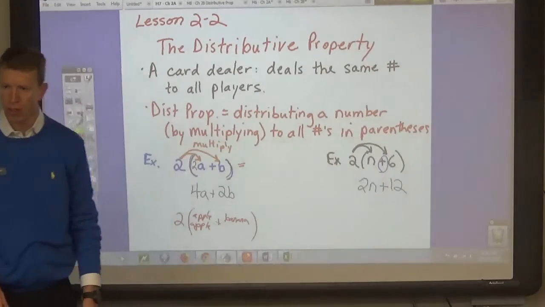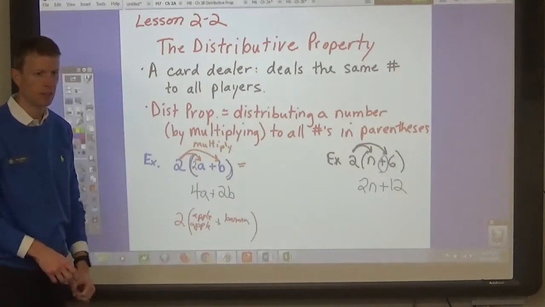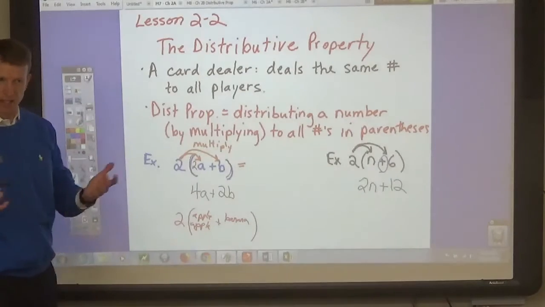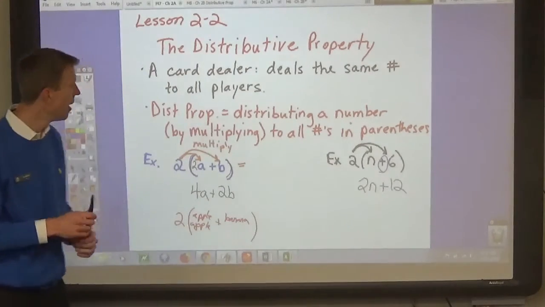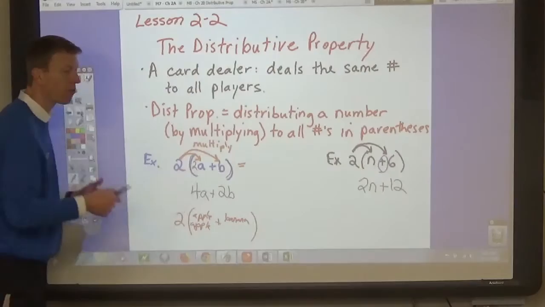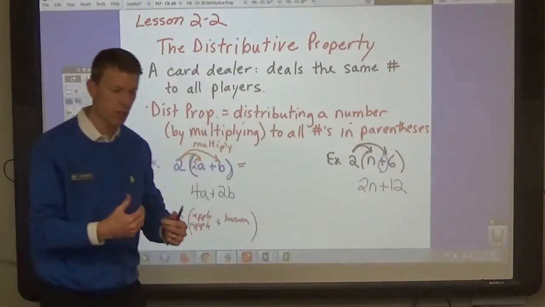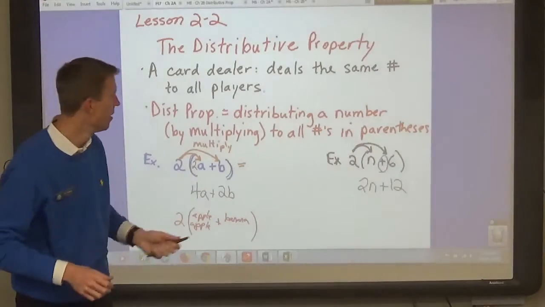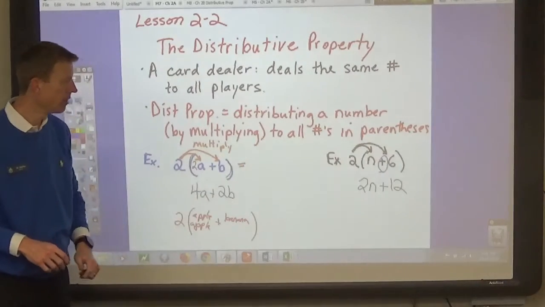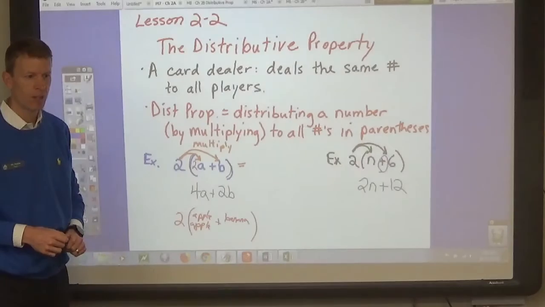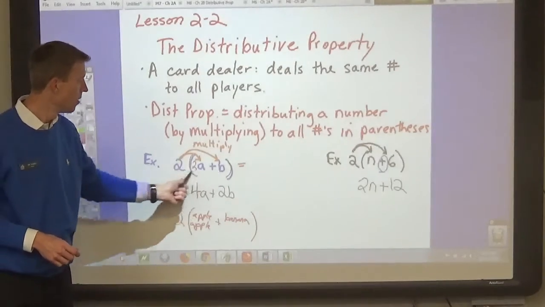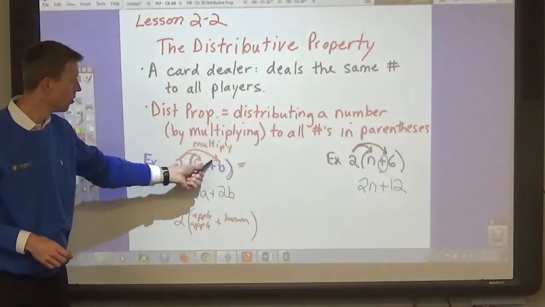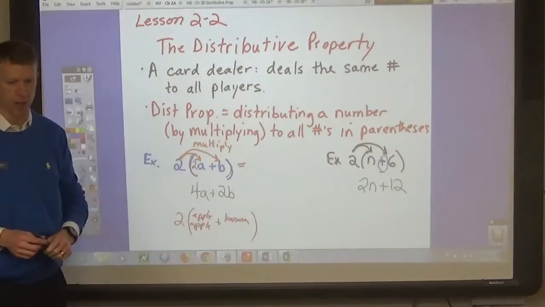Now, what would you do if you saw a number outside of parentheses? What do the parentheses tell you to do? Multiply. They tell you to multiply, right. But if there are two or three terms being added or subtracted inside of the parentheses, then you have to do something called distributing that number.